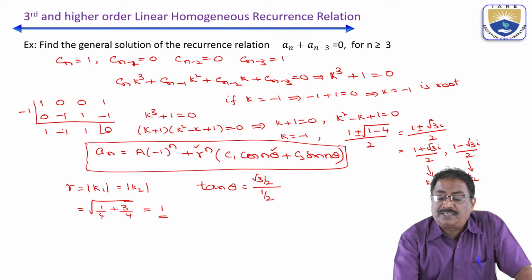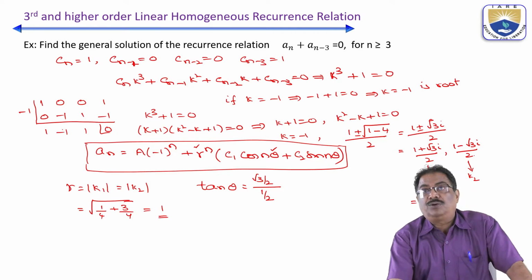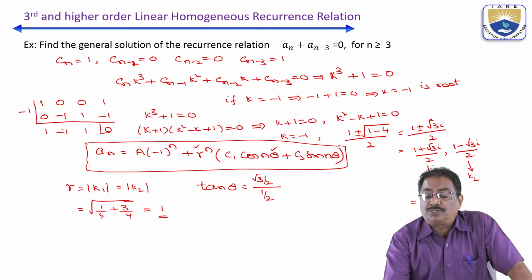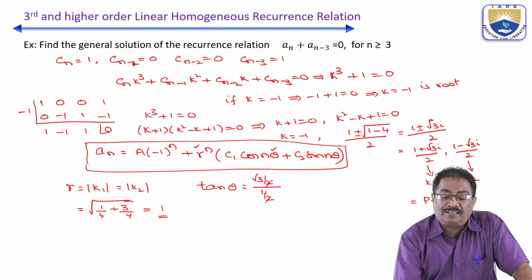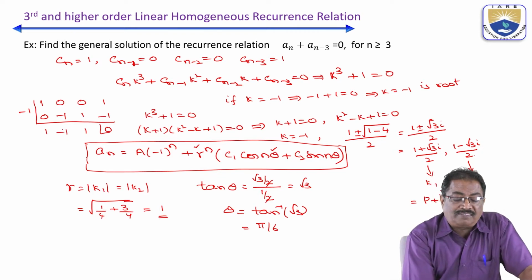As in my last videos, I take it as p plus iq, then tan theta is equal to q by p, or theta is equal to tan inverse of q by p. So the 2s get cancelled and it is root 3. So theta is equal to tan inverse root 3, which is equal to pi by 6.